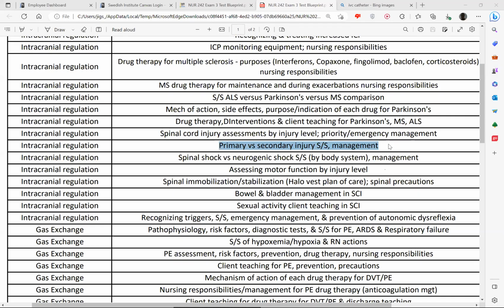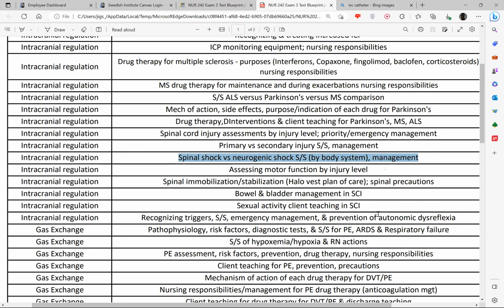And it'll be the same when you go to spinal cord injury, because it's an extension of the CNS. What's the difference between spinal and neurogenic shock? Neurogenic shock has to do with the whole autonomic nervous system.